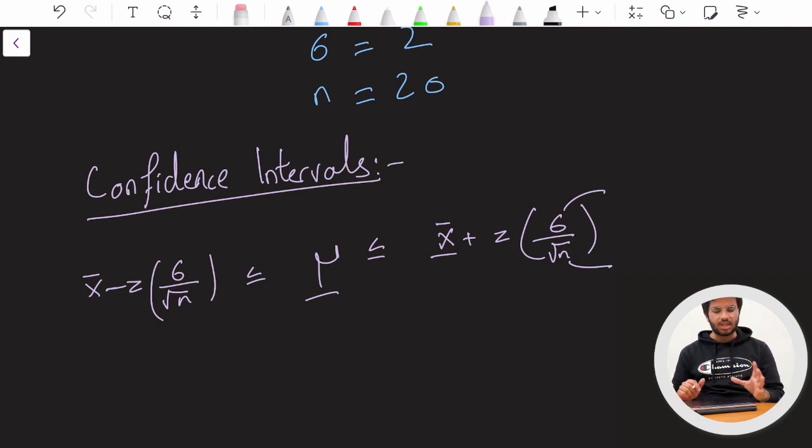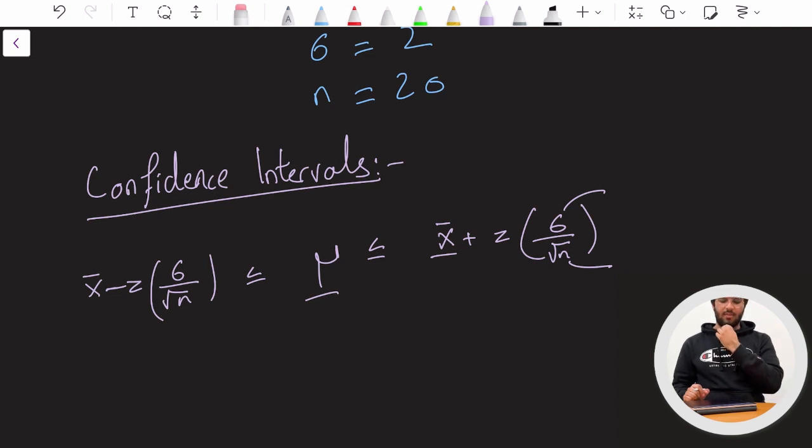When to use what can be a bit confusing, but if you have the population standard deviation, you use that. Otherwise, you use the sample standard deviation. That is all there is to it, but it is more intuitive after you have done a few questions. So please do that. We will look at some in the exercise part as well, so please pay attention to that.